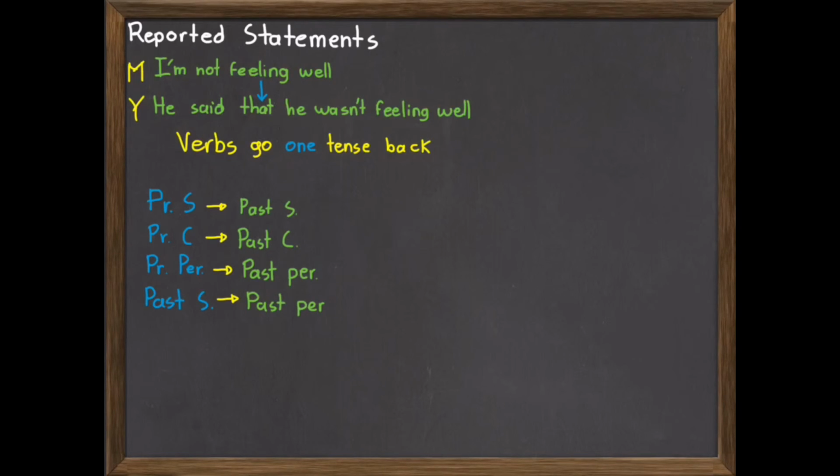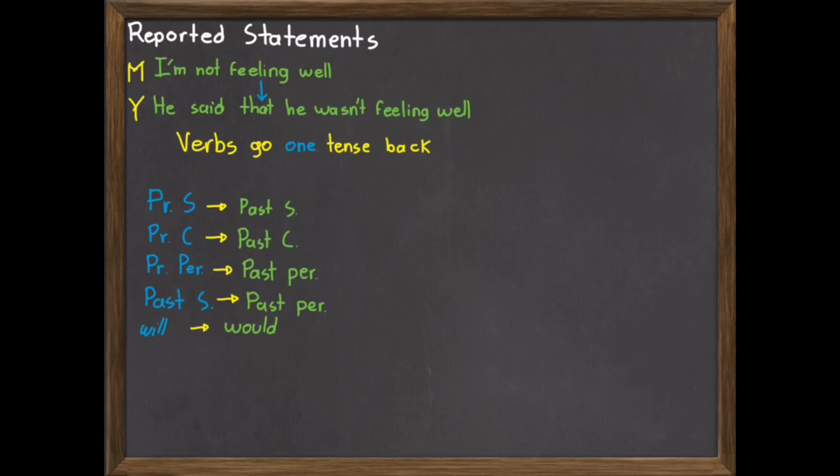Past simple turns into past perfect. A past simple sentence would be I missed the bus. A past perfect sentence would be he said he had missed the bus. Will would turn into would. Will sentence could be I'll see you later.